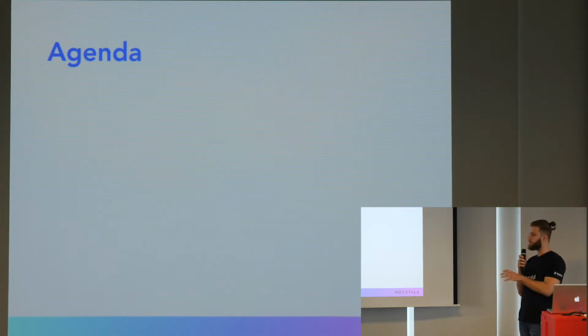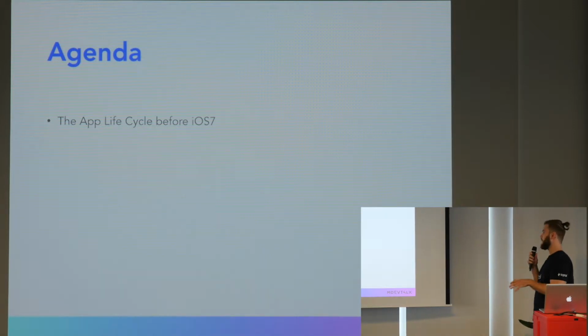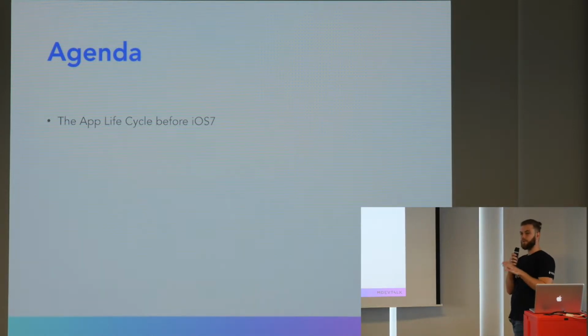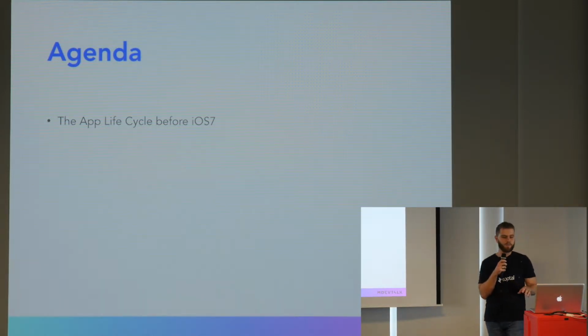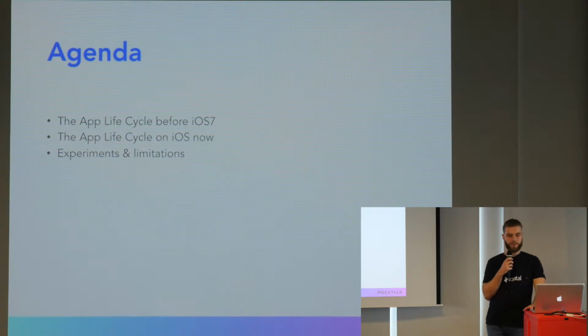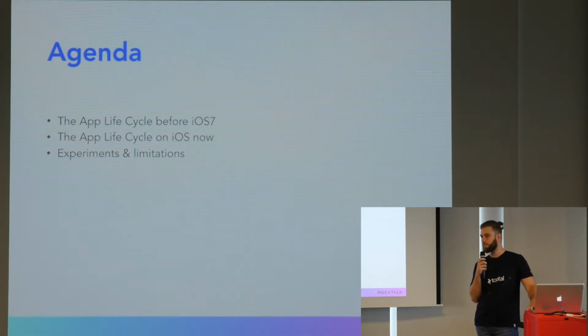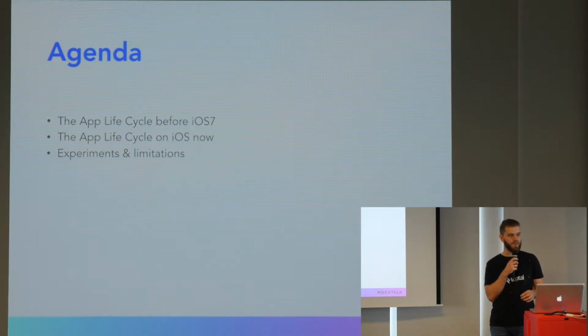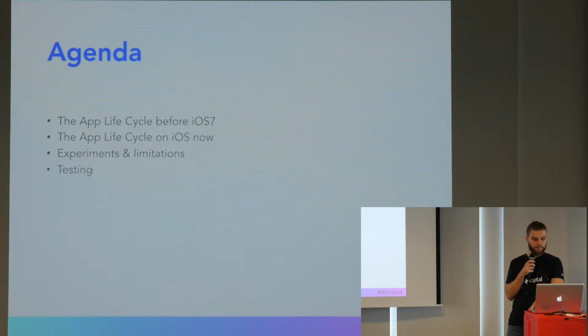Today I'm going to speak about several things, and I will use Yandex Disk as the example for most of them. First I will talk about how iOS apps worked before iOS 7. Then I will tell you how it works now after iOS 7. I will also tell you about our experiments on background syncing and the limitations and problems with it.